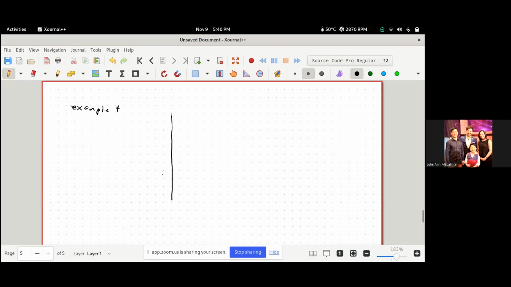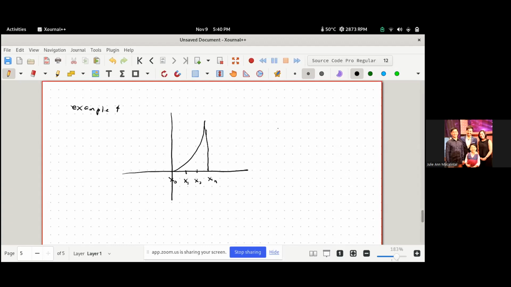Pero yung gagamitin natin na intervals, ito, yung x0, x1, x2 hanggang x sub n.